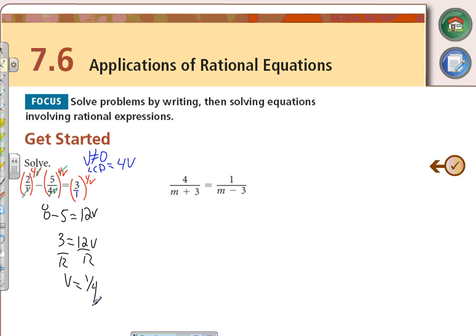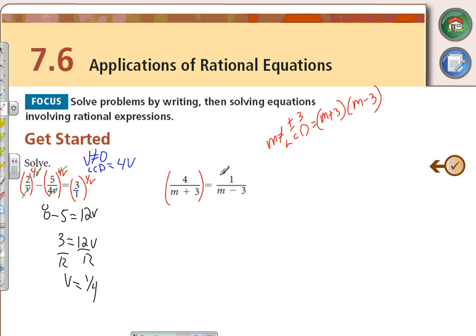Let's try the next one. M cannot equal -3 or +3. And my LCD in this one, M plus 3 and M minus 3.